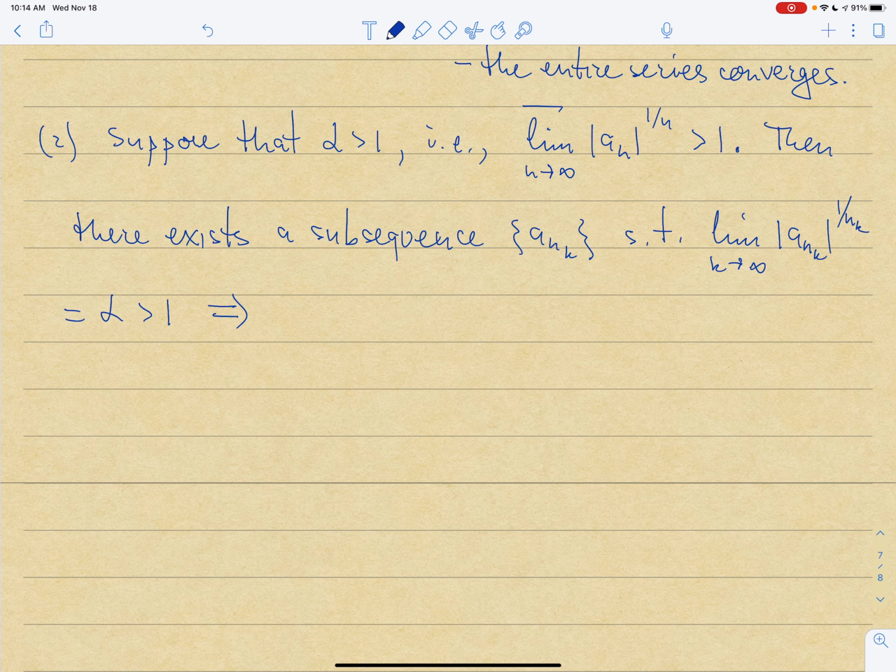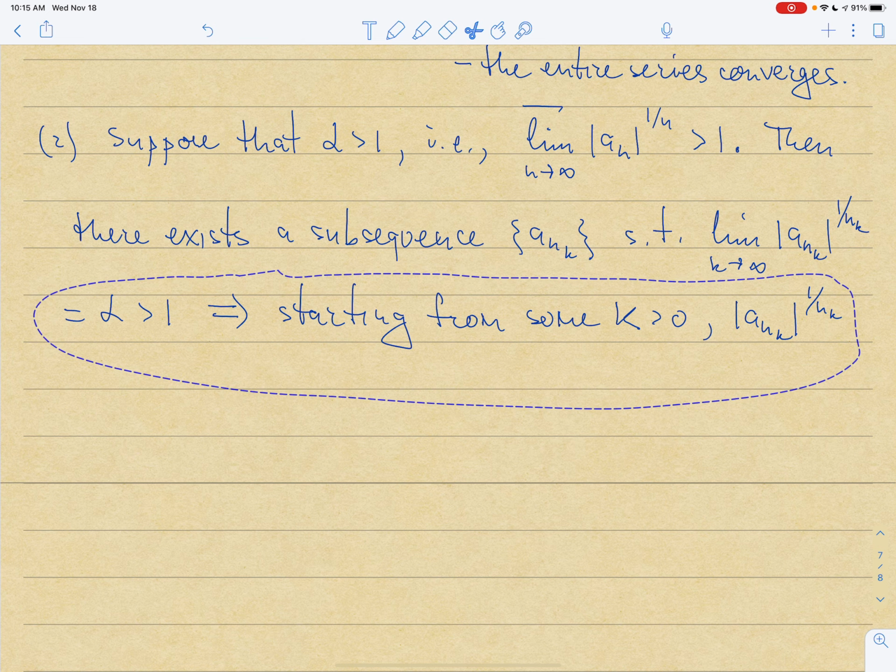If my sequence converges to a number greater than 1, it means that eventually all terms of my sequence are going to be greater than 1, right? So then starting from some capital K greater than 0, absolute value of a_{n_k} to the power 1 over n_k, this quantity must itself be greater than 1.